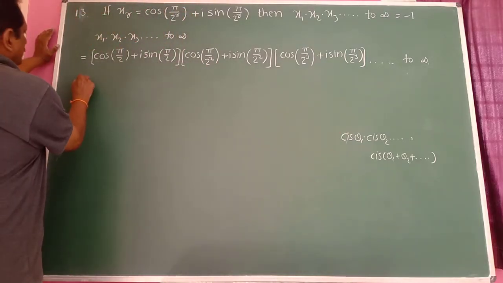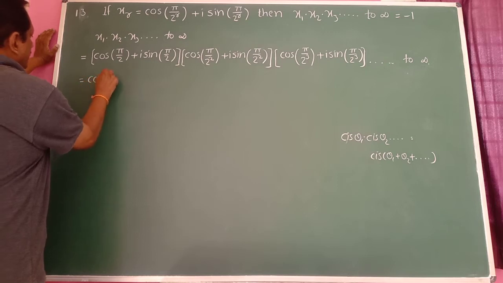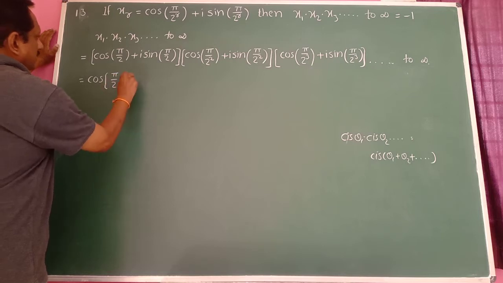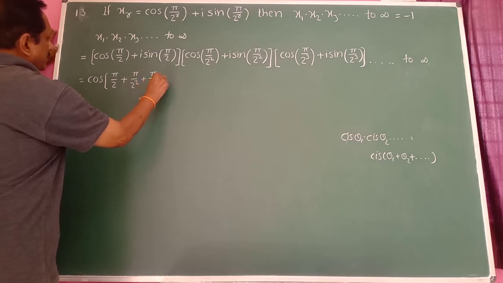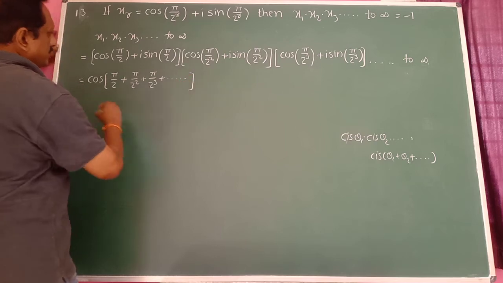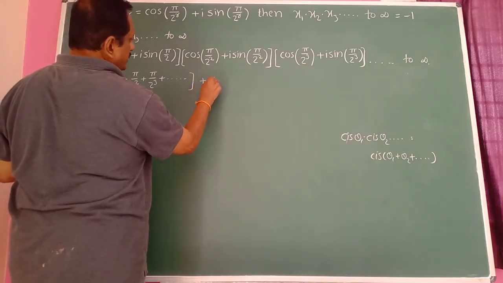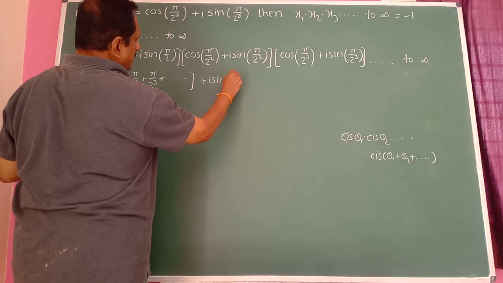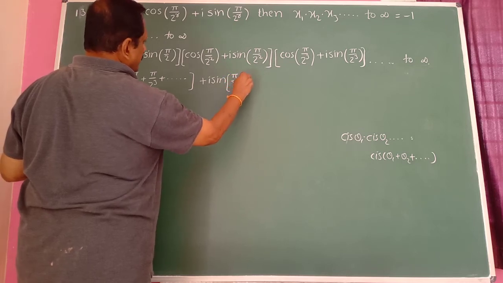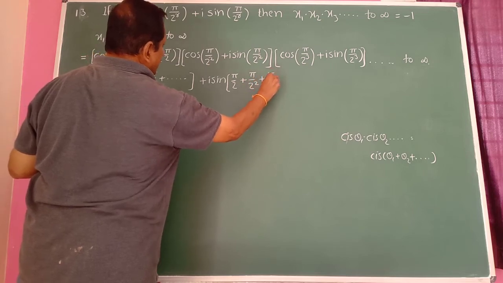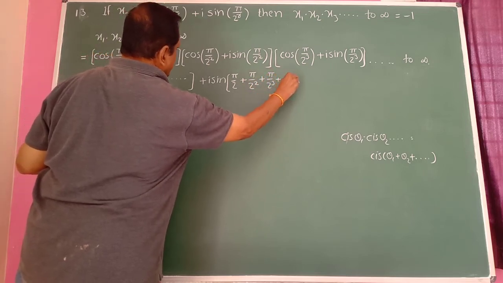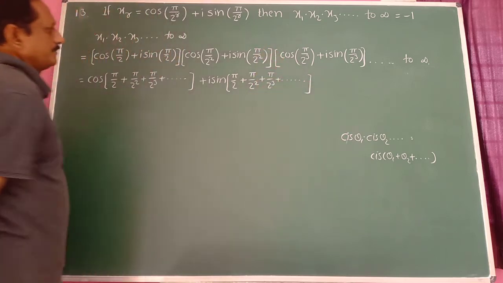So this is equal to cos of pi divided by 2 plus pi divided by 2 square plus pi divided by 2 cube and continue like that, plus i into sine of pi divided by 2 plus pi divided by 2 square plus pi divided by 2 cube and continue like that here.